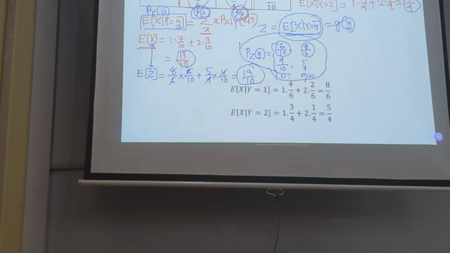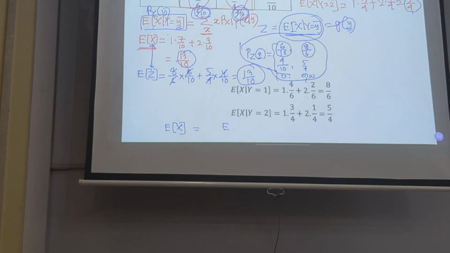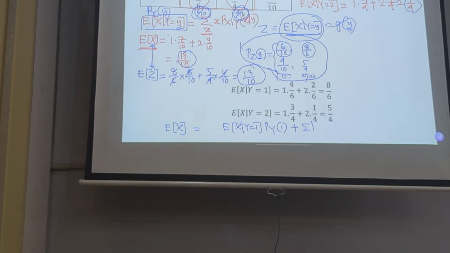And if it is X, then we can say the expected value of X is found by what? Just focus here. Multiplying the expected value of X given Y equal to 1 by the PMF of Y for the value 1, plus the expected value of X given Y equal to 2 multiplied by the PMF of Y for the value 2.